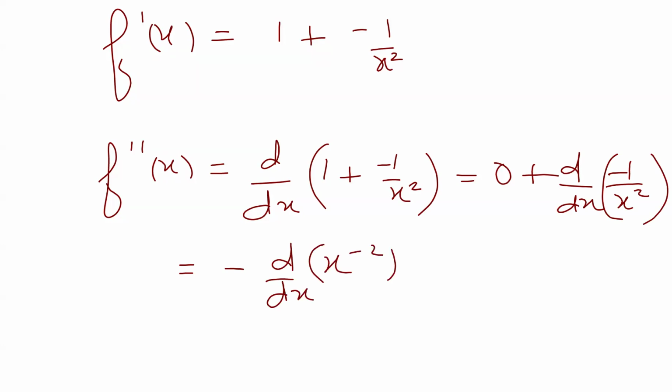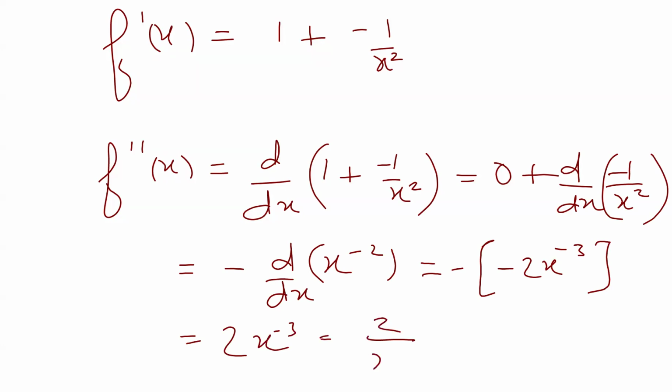In indices, x raised to minus 2, so minus 2 x raised to minus 3, using the x raised to n formula. So this is 2x raised to minus 3, which is 2 upon x cube. This is f double dash x. So we got the values of f of x, f dash x, and f double dash x. Your derivatives should be strong. There will be easy derivatives, not complicated ones.